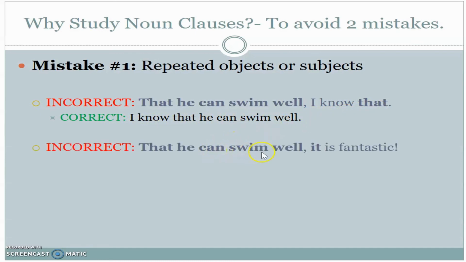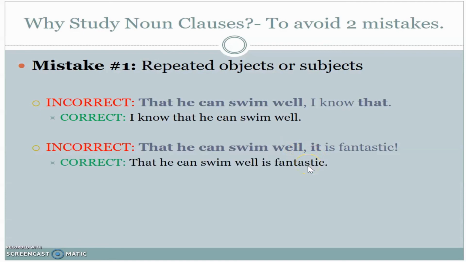That he can swim well is fantastic. So you're looking at this part of the sentence. This is your dependent clause, and it could serve as the subject here. But because we don't really know these rules sometimes, we introduce a second subject. So you're either using two objects, the same objects, which is redundant, or two subjects.